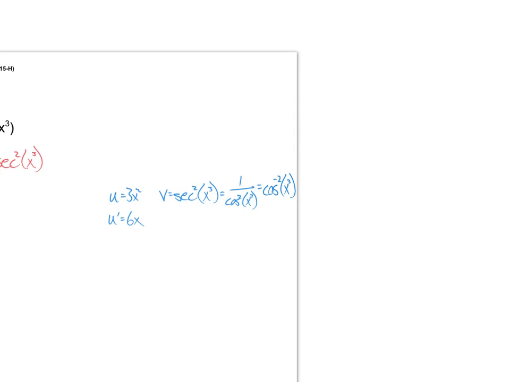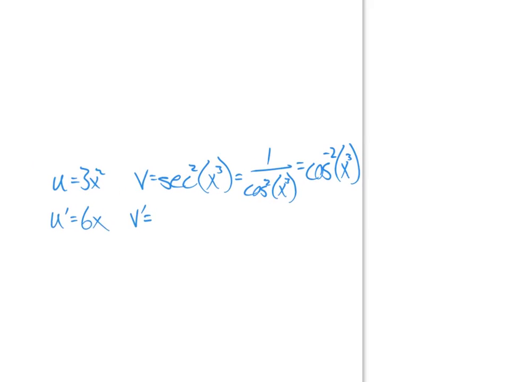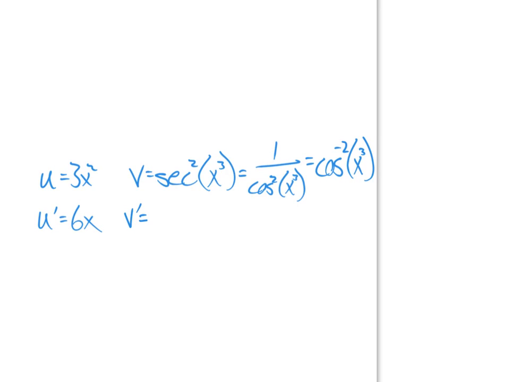Alright, now that we have it rewritten, we can find v prime. Like we said, we've got a double chain rule going on because we have something to the negative 2 power. So what's the derivative of something to the negative 2 power? Negative 2 times something, in this case cosine of x cubed, to the negative third.